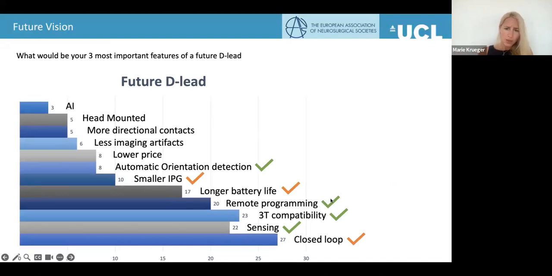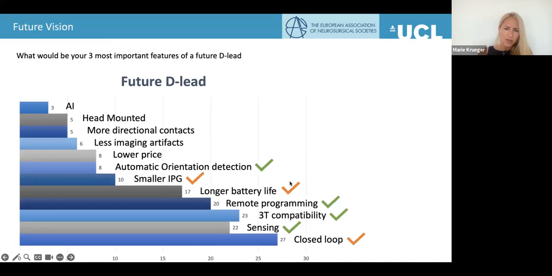Remote programming we have from the Abbott leads, and automatic orientation detection I think is integrated in the software that the companies also provide. There we're quite close to closed loop, or we're getting there with the sensing abilities now.